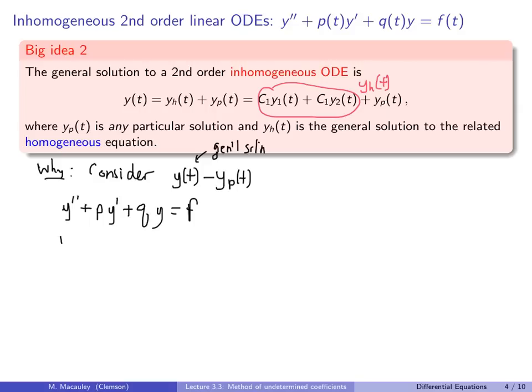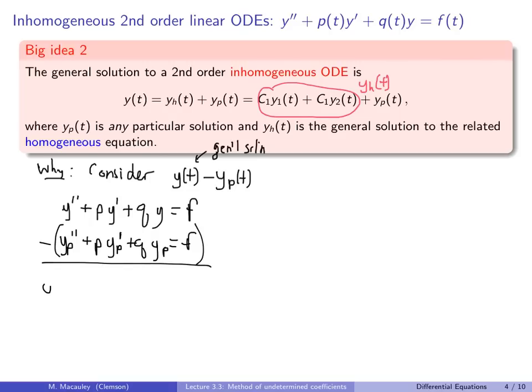So we have yp double prime plus p times the particular solution prime plus q times yp equals f as well.